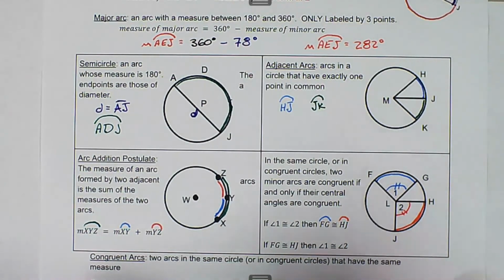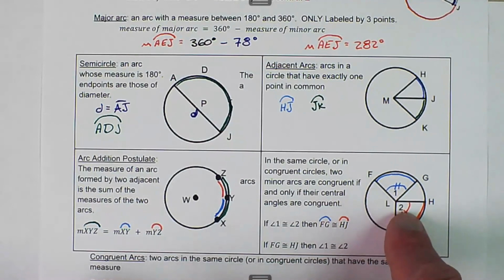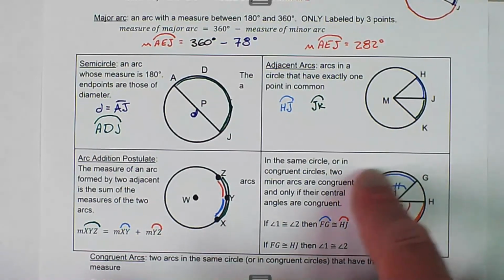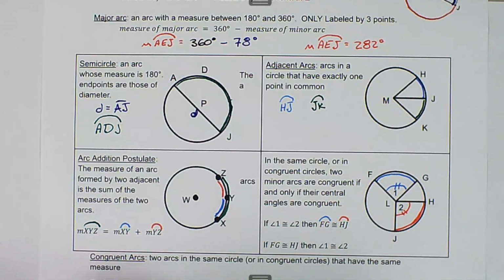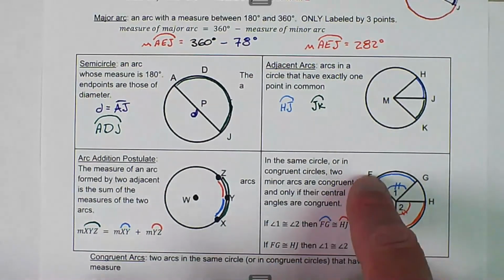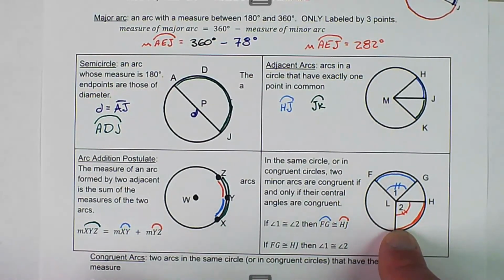Then you can say it the other way around. So this one says if angles are congruent, then the arcs that those angles make are congruent. The other way says if arcs are congruent, then the angles that make those arcs are also congruent.